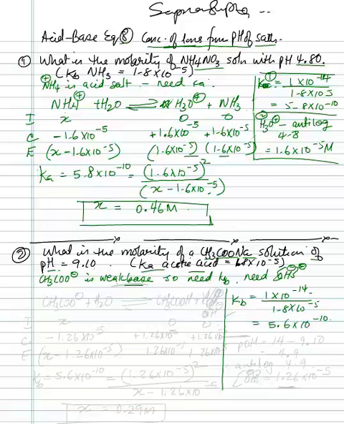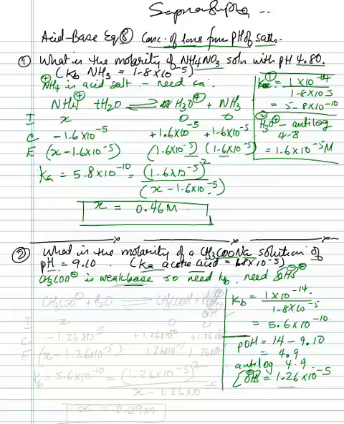Our second calculation is the pOH, because we have the pH given to us. pOH is 14 minus 9.10, which is equal to 4.9, and then take the antilog of 4.9, and this should give you 1.26 times 10 to the negative 5, your hydroxide ion concentration. Now we can set up our problem.